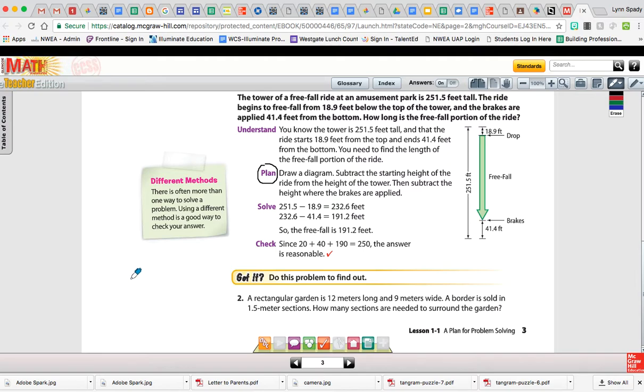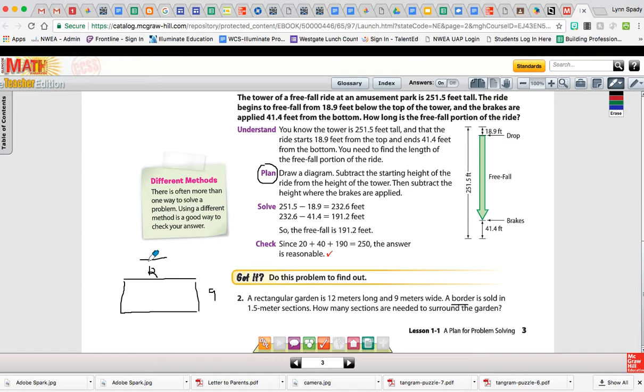So I do know that the garden is 12 meters long. Okay, so I'm going to label that 12 meters long, and then 9 meters wide. Okay, and I'm going to go ahead and fill in the rest of my rectangle there. And we need to find the length around the outside because it says the border is sold in 1.5 meter sections.